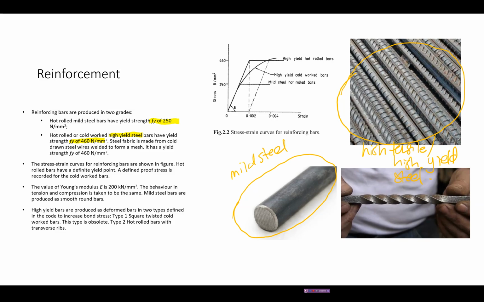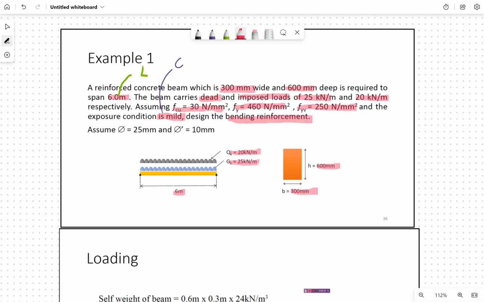Okay, so ini you have to remember lah, meaning the strength dia lebih rendah for mild steel, and for the high tensile steel it has a higher tensile strength. Therefore, if you look at this question, you know that when it says FY460, it refers to high tensile steel.